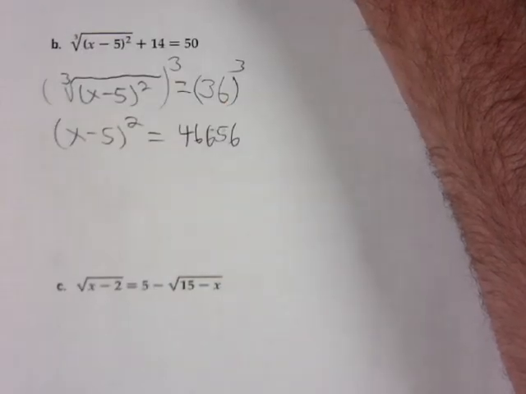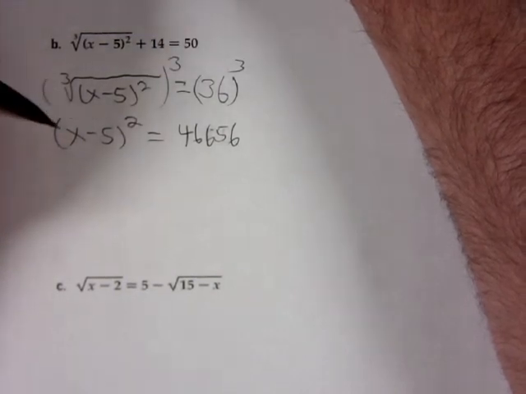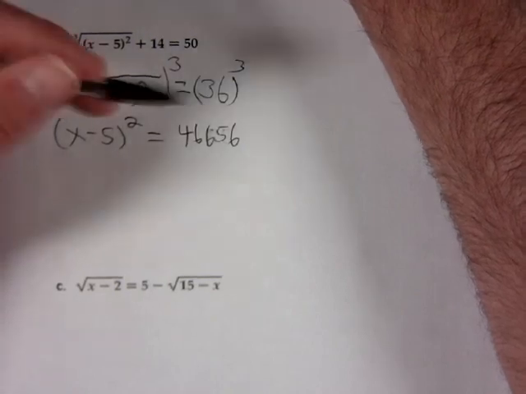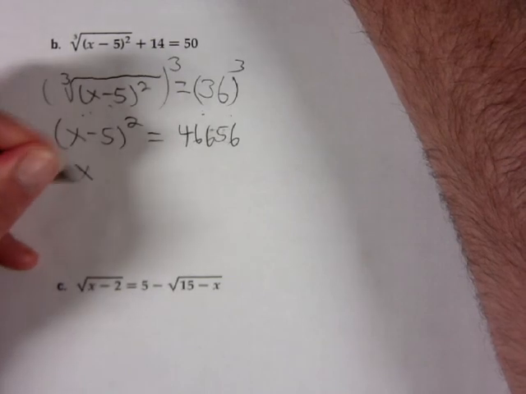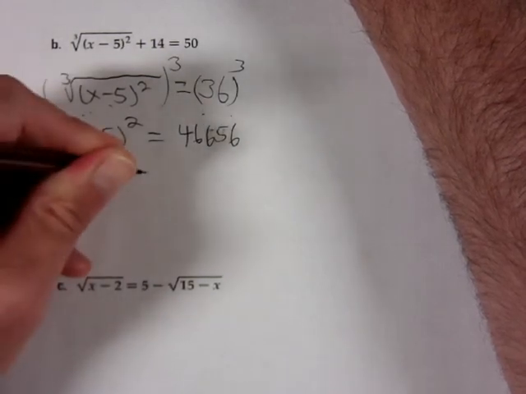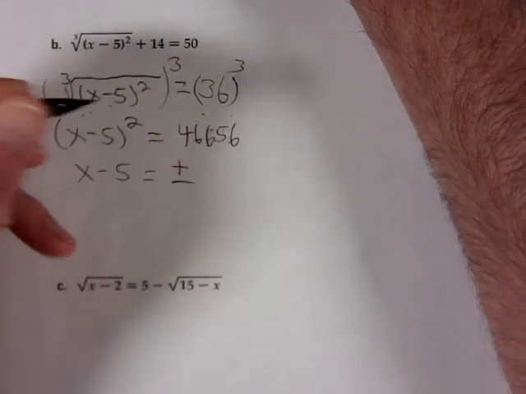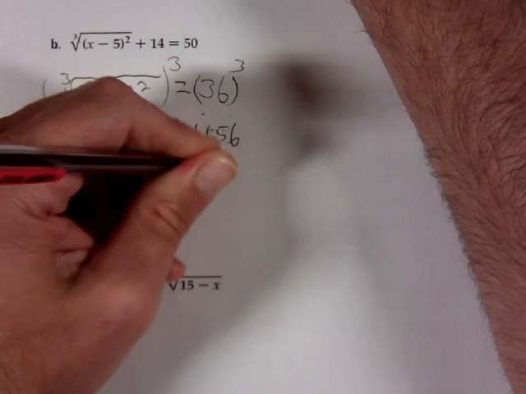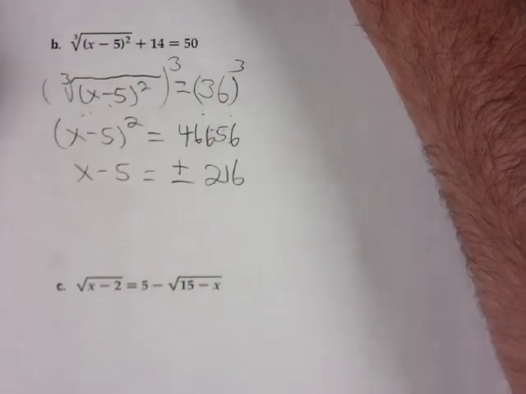Now, the next thing that I can do here is take the square root of both sides. So when I take the square root of both sides, that's going to be x minus 5 is equal to plus or minus 216, because remember, when you take the square root of both sides, you introduce both of those in there.